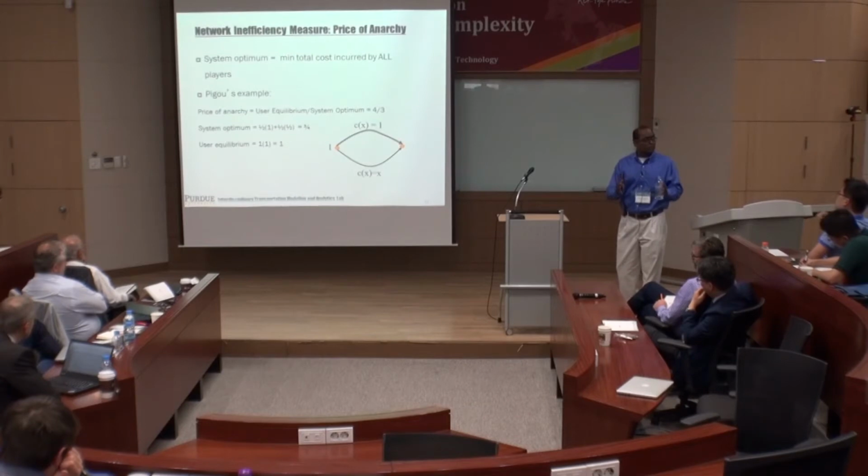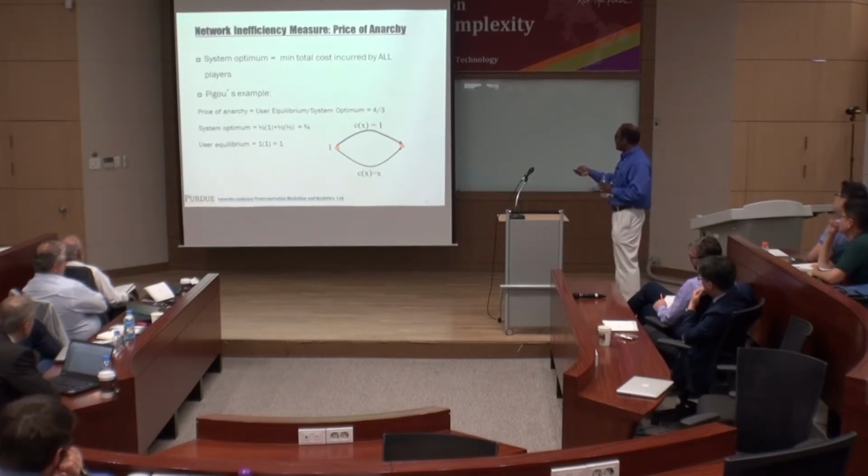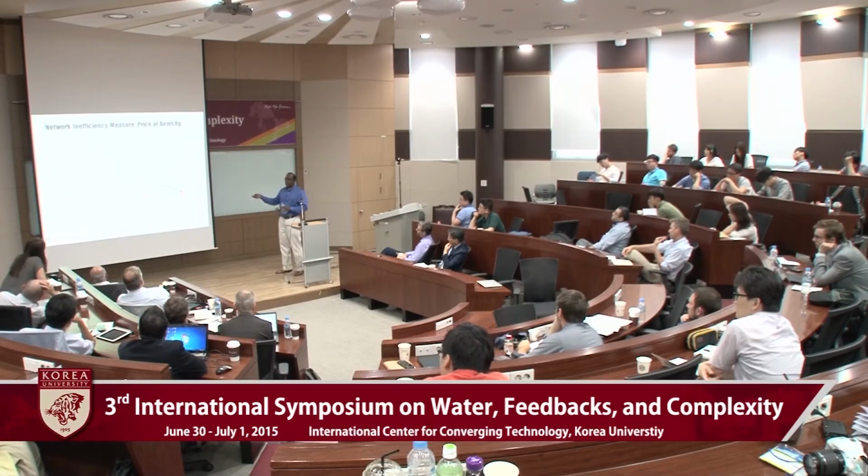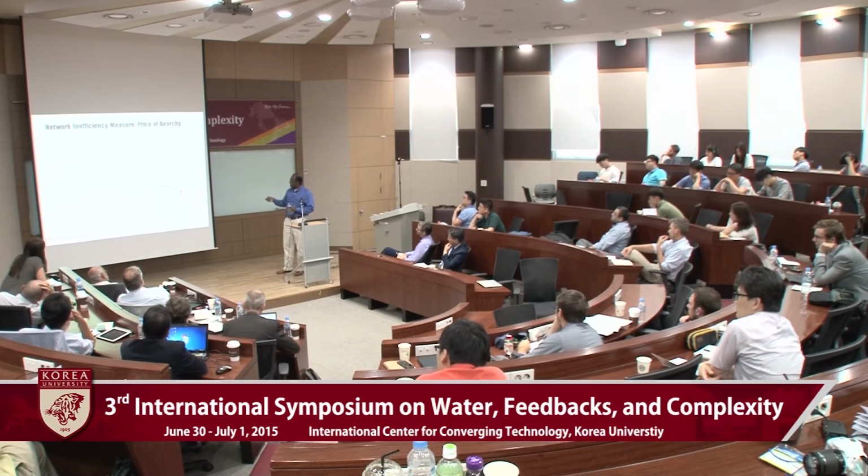But if everyone were to coordinate, if everyone were to cooperate, you can see that they can actually do better, right? And the system optimum cost for each of them would be about 3/4. Okay? So the network inefficiency, which is called the price of anarchy, the worst case network inefficiency, is about 4/3.